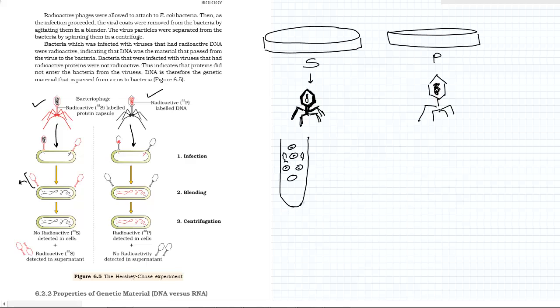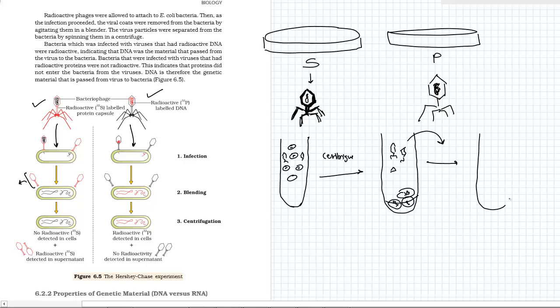Now we are going to centrifuge this test tube, and the supernatant will have all those outer coverings of the bacteriophage, and the pellet will have all those cells which have the genetic material inside.